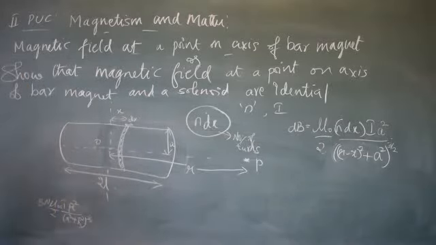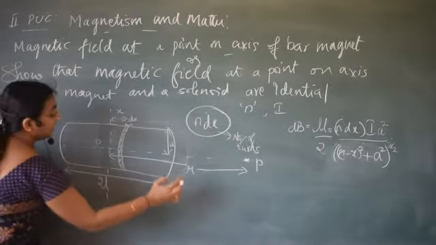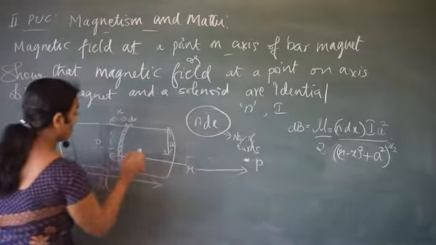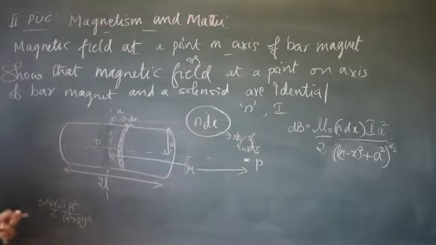Understood till here? Next, we want the magnitude of the total magnetic field from here to here. We want to find the magnetic field at the point P, not because of one element, but for the total number of elements.